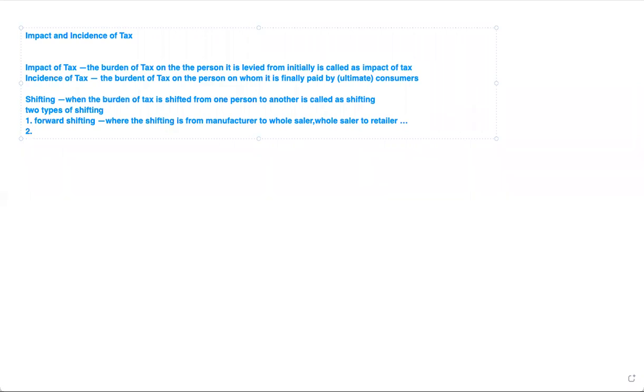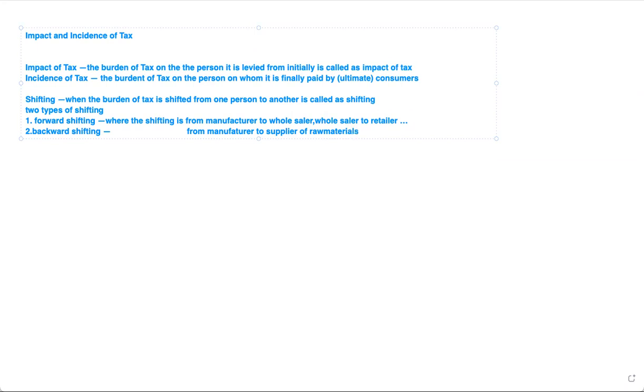Backward shifting, when the burden of tax is shifted from manufacturer to supplier of raw materials. जो प्रोडक्ट मैन्युफैक्चर करते हैं उसका टैक्स सप्लायर ऑफ रॉ मटेरियल्स के ऊपर जाता है, रिवर्स में. समझ में आ रहा है?